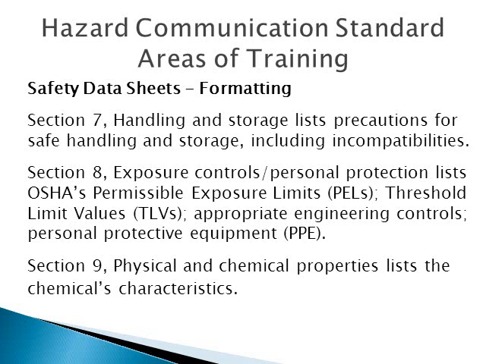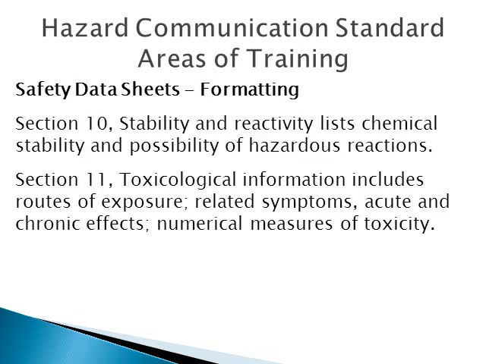Section 8 provides the necessary exposure controls under OSHA's permissible exposure limits, the threshold limit values, appropriate engineering controls, and any personal protective equipment. Section 9 details the chemical's properties and characteristics. Section 10 discloses the potential hazardous reactions.